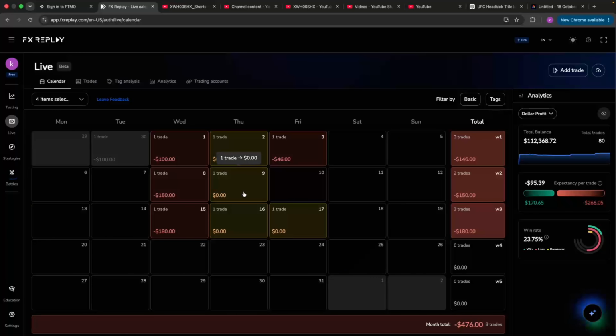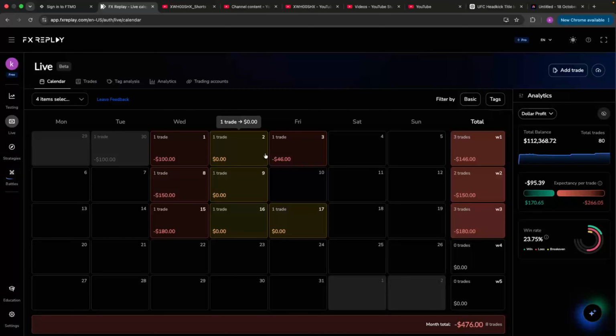We're only now down 1.7%, and that's why risk to reward is very crucial, because we're down 4,476 dollars, which is only 4.7%. But with 2 wins, that cancels out 4 losing trades, and then we'll also be in profit just off the back of 2 wins.